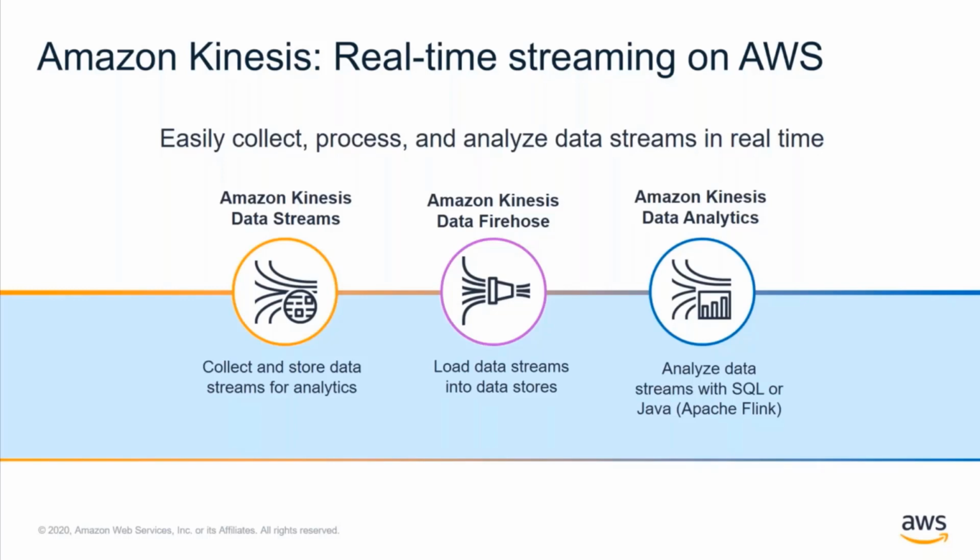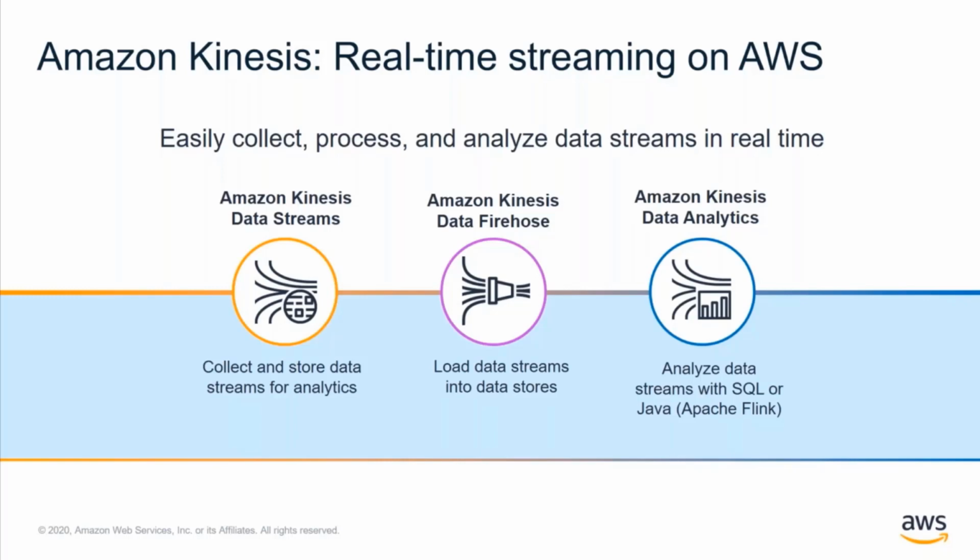Kinesis Data Firehose is designed to load a lot of data into a wide variety of data destinations. So here you're collecting data, and then delivering this data to multiple destinations. Amazon Kinesis Data Analytics is designed to analyze data that you're collecting and storing in Kinesis Data Streams and Firehose.